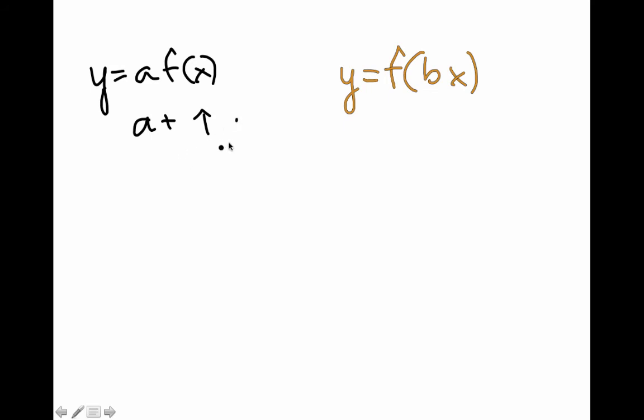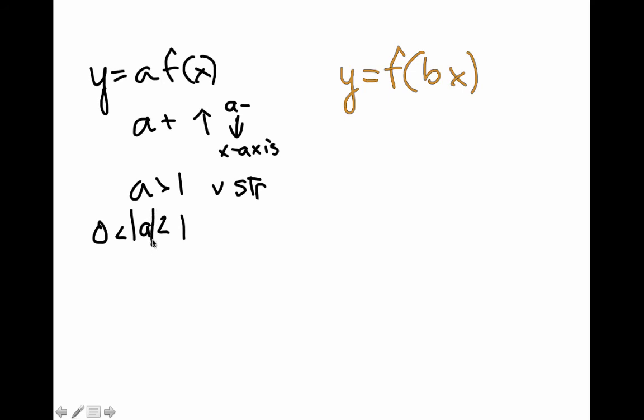If it's negative, it's flipped over the x-axis. If a is bigger than 1, then we have a vertical stretch. And if a is less than 1, but bigger than 0, talking about the absolute value of a, then we have a vertical shrink.